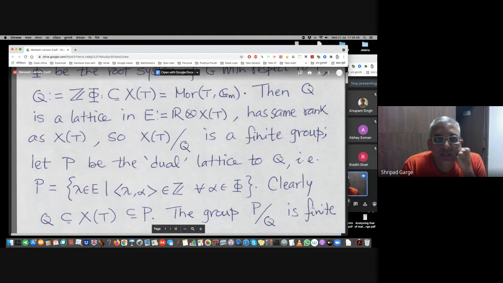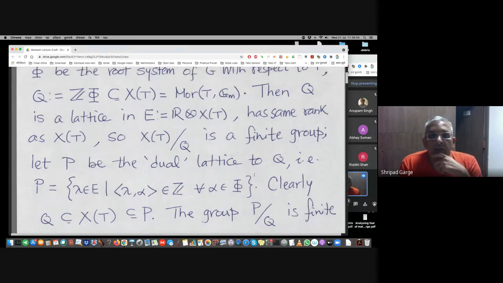Okay, so when you have capital Phi, there is an inner product on the root system already, and that inner product carries to X(T) because capital Phi will span E. The vector space E is spanned by capital Phi, so we have the inner product, and it's a non-degenerate inner product, so we can take the dual with respect to that.